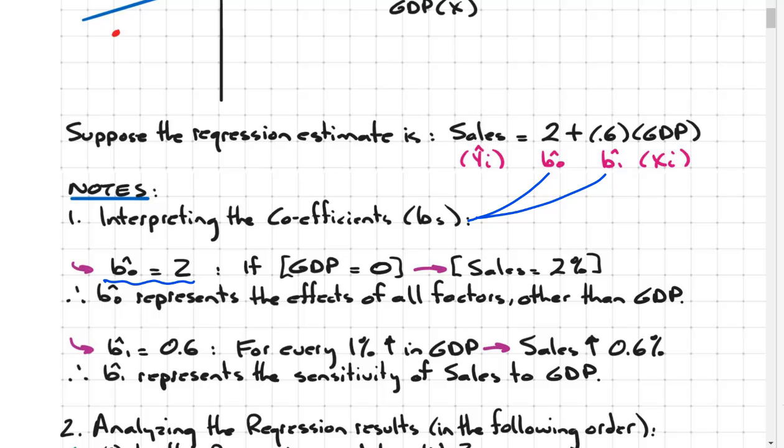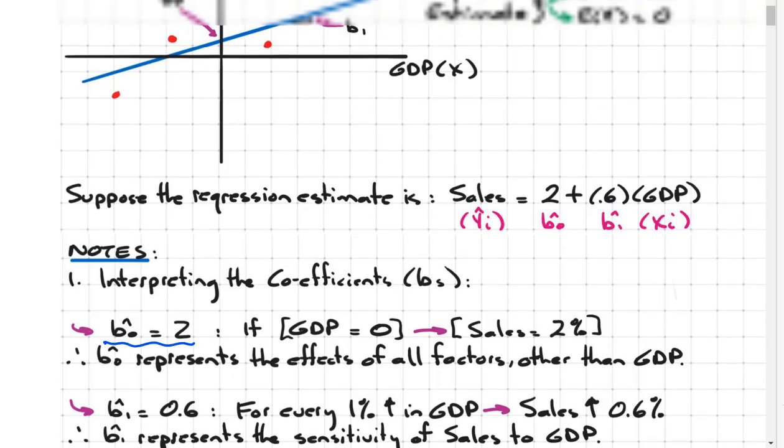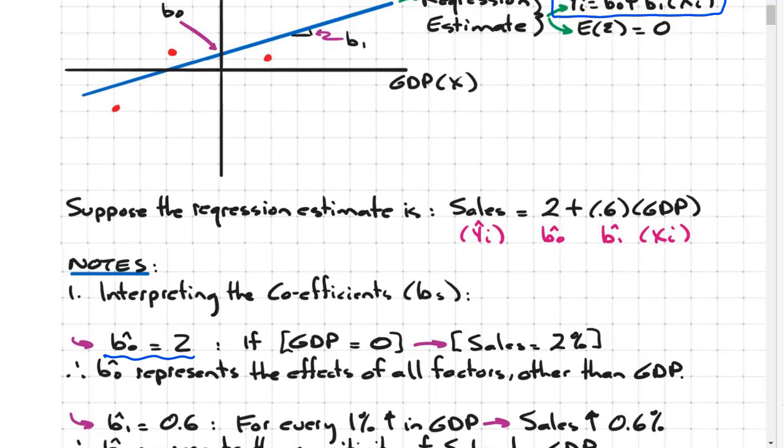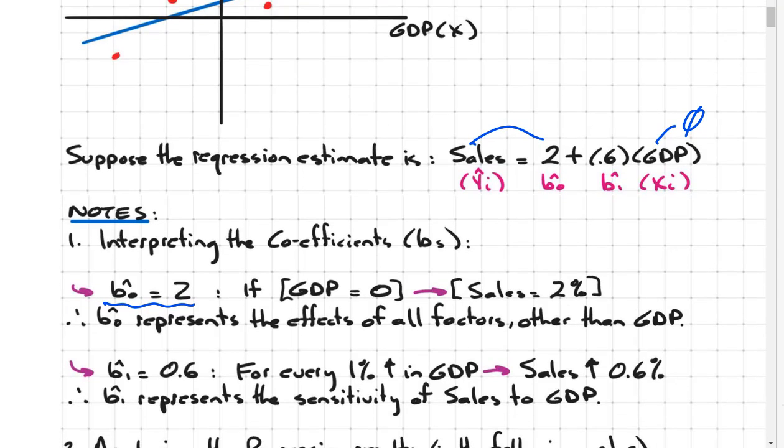So what does b0 equal to 2 imply? Using this very simple example, when would sales equal 2 when the other terms disappear? Well, how would the other terms disappear? If GDP was equal to 0. And there's your interpretation for b0. So if GDP growth was 0, then sales growth would be 2%.